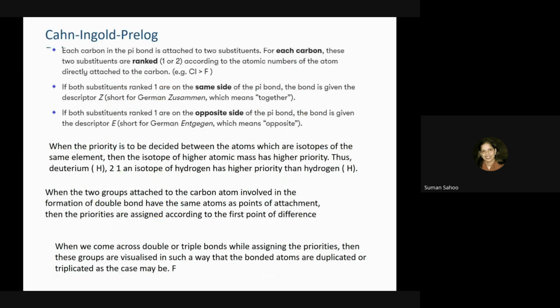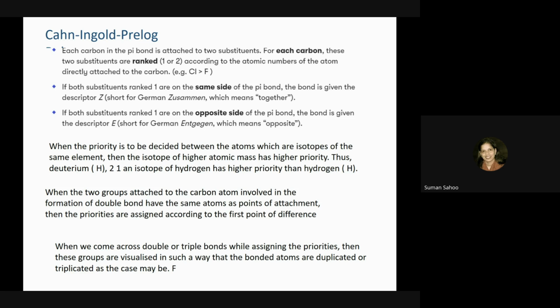So there is one rule, that is your Cahn-Ingold-Prelog rule, in which on each carbon, these two substituents are ranked according to the atomic number of the atom. Whatever has the higher atomic number would get the first priority, and the other one would be the lower priority. Then the same would be applicable for the other carbon which is present on the other side.